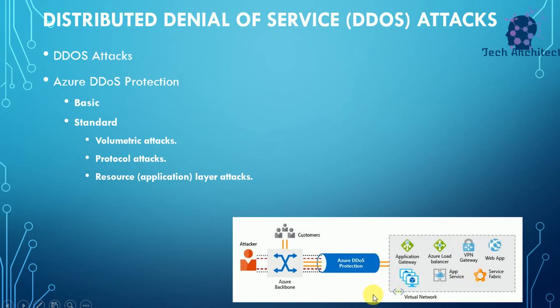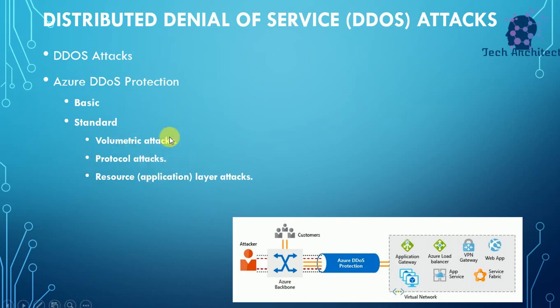Azure DDoS Protection provides the following service tiers: basic and standard. The basic service tier is automatically enabled as part of the platform, with always-on traffic monitoring and real-time mitigation of common network-level attacks, and provides the same defenses that Microsoft Online Services use.